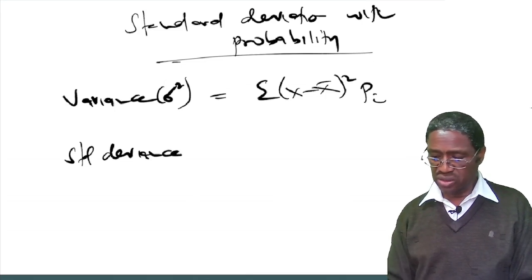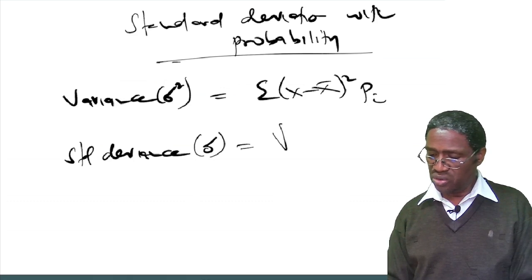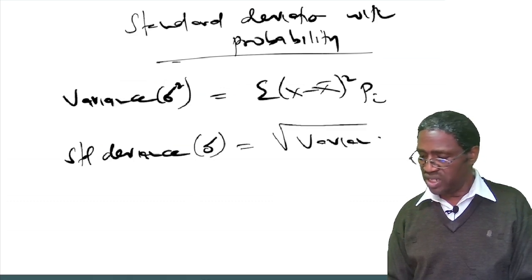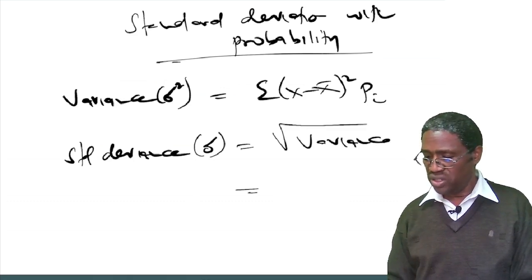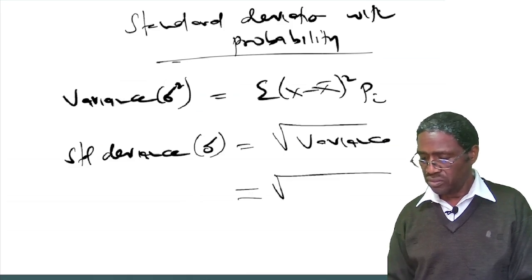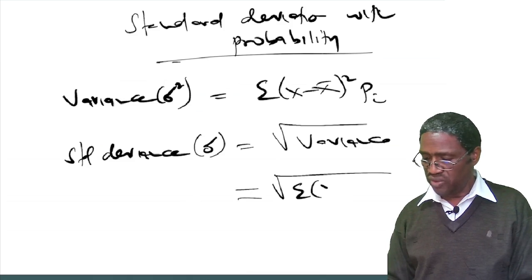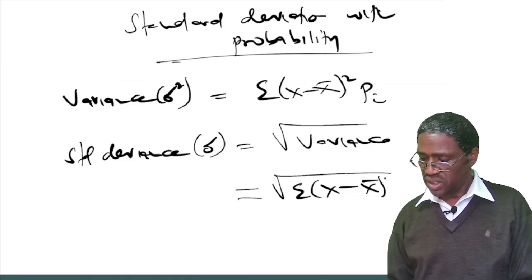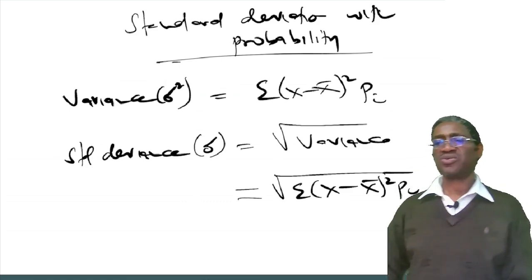Standard deviation, which is theta, is equal to the square root of what? Variance. Where you can say it's the square root of summation of x minus x bar, everything squared times pi. Good. Copy that formula.